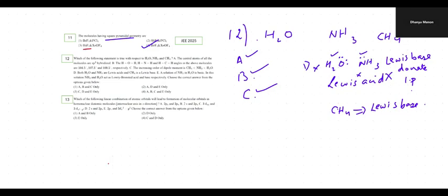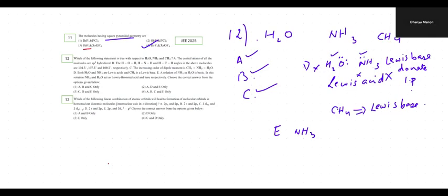Now coming to the E statement. E statement: a solution of ammonia in water is basic. In this solution, ammonia and water act as Lowry-Bronsted acid.